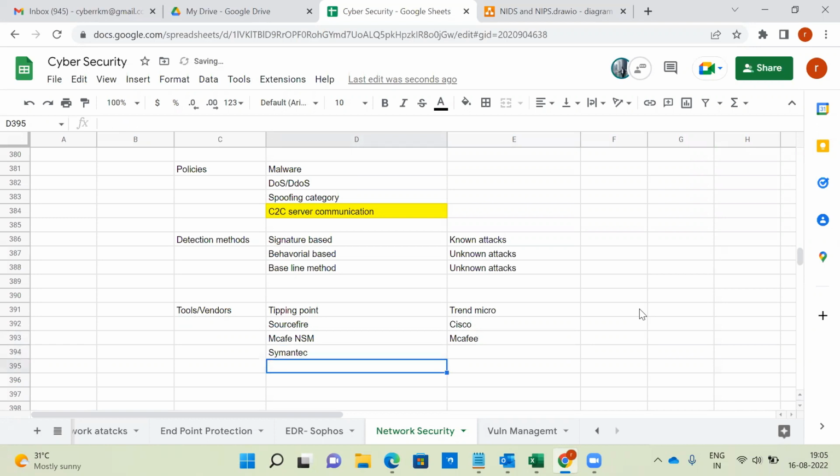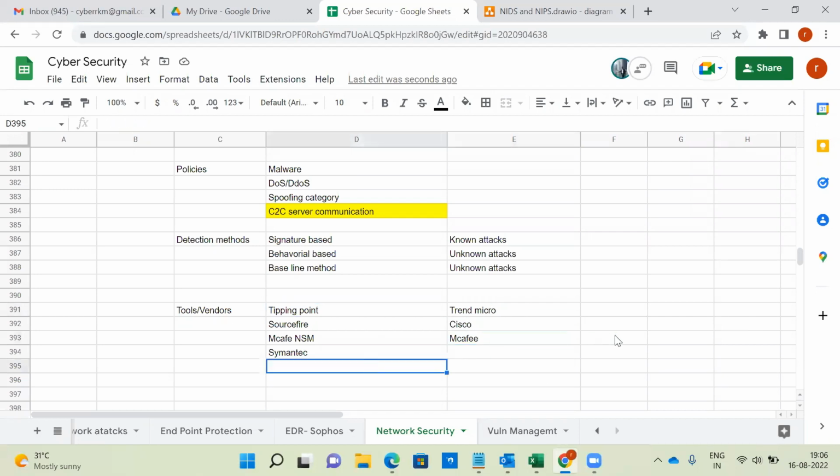Next one, what is the open source tool we discussed? EDR, sir. IDS IPS. F5. F5 is commercial. Trend Micro, sir. Trend Micro is Tipping Point, which we already gave. Vectra.